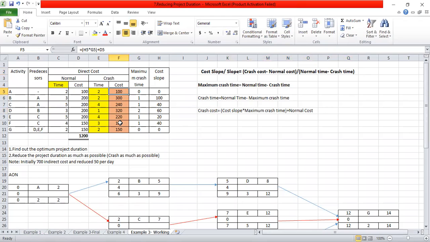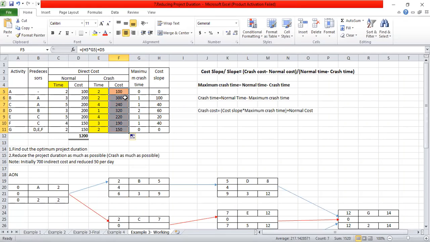So let's see whether you are getting the answers from the cost slope. From the cost slope, you have to multiply it by the maximum crash time. And you have to again add the normal cost. So you are getting the crash cost as 100.